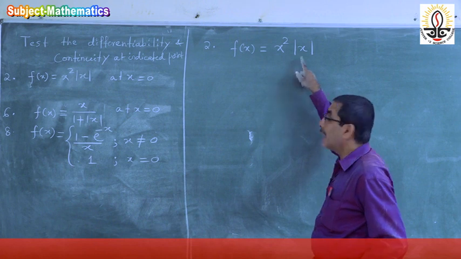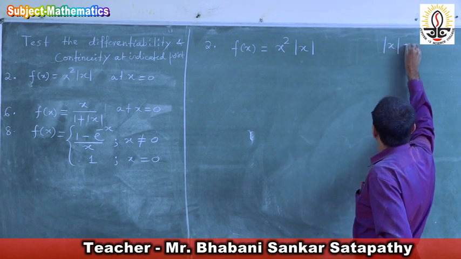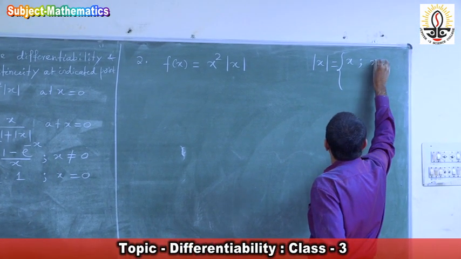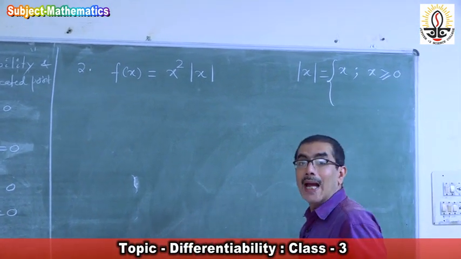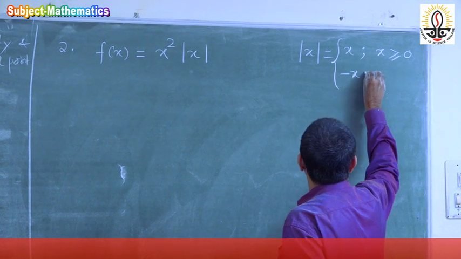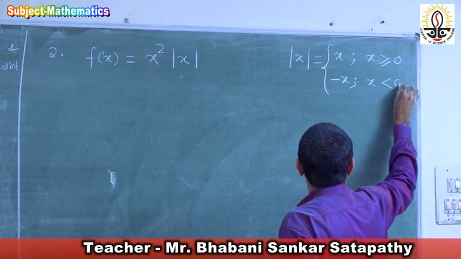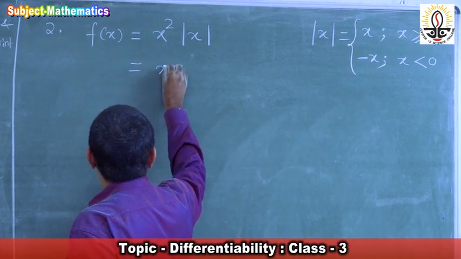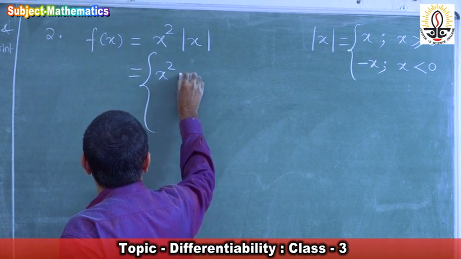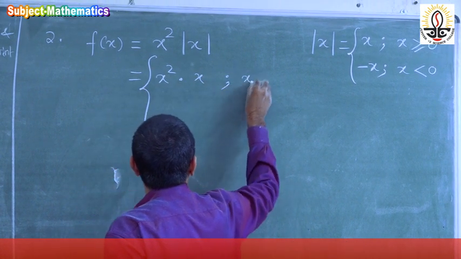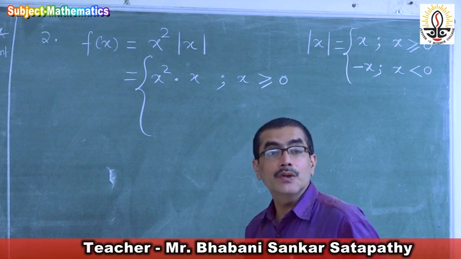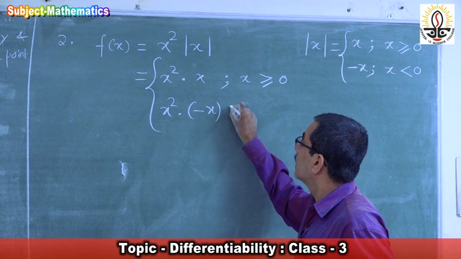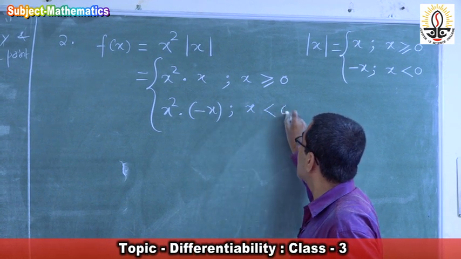Now see, what is modulus of x? Modulus of x is equal to x when x is greater than or equal to 0, and modulus of x is equal to minus x if x is less than 0. So we can write x square into x if x is greater than or equal to 0, and x square into minus x if x is less than 0.